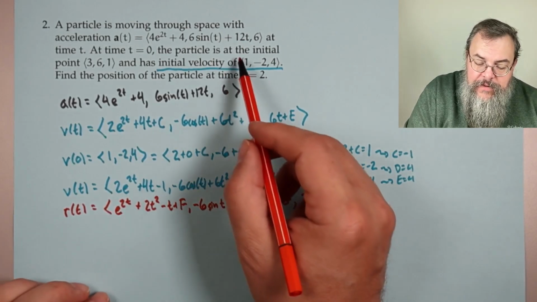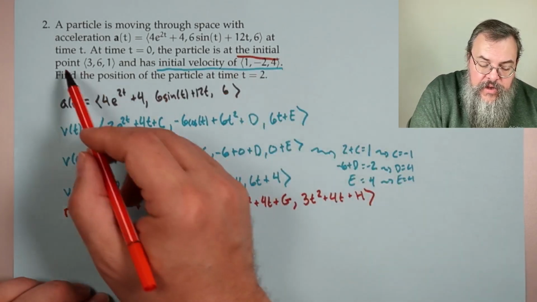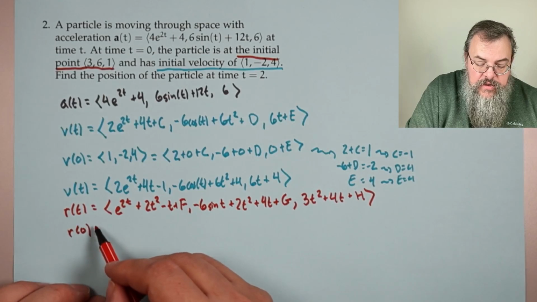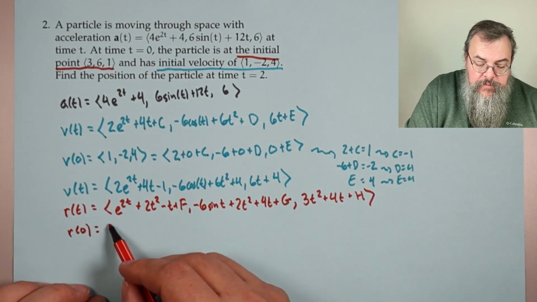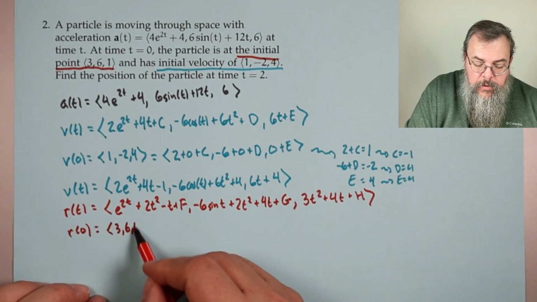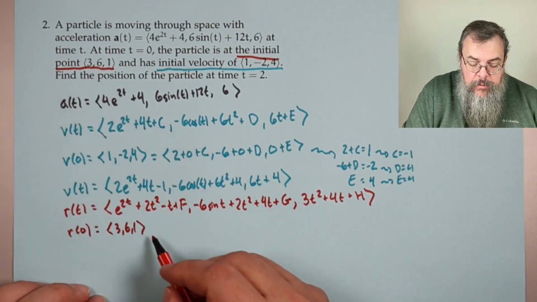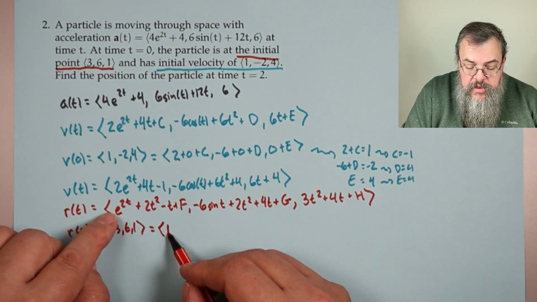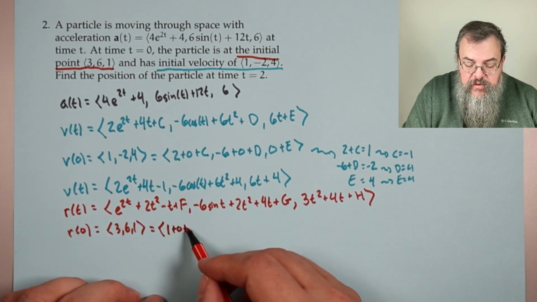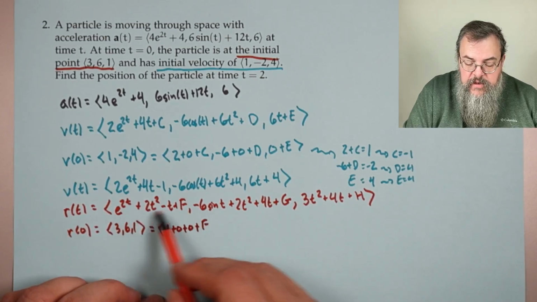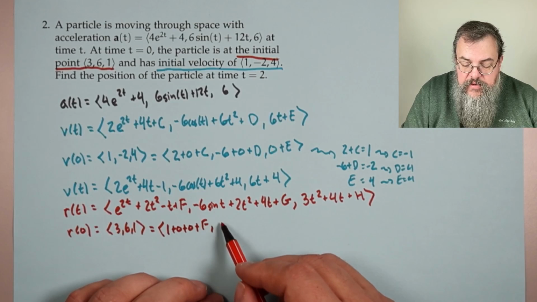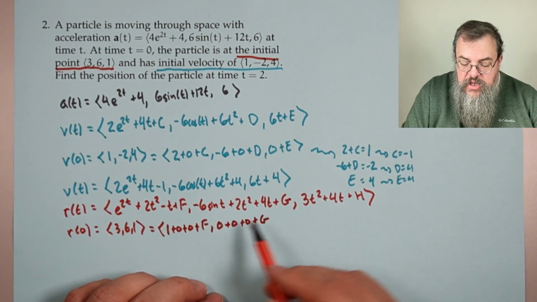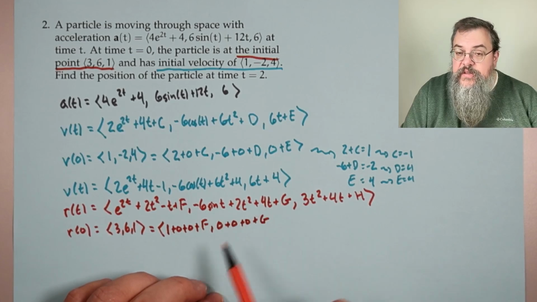Well, we have an initial point. Okay, so r of 0, that is at the point 3, 6, 1. Okay, that's what we have here. But that's also, okay, plug in. We have 1 plus 0 plus 0 plus f. All right, then here we have 0 plus 0 plus 0 plus g, because sine is 0, t is 0, t is 0.